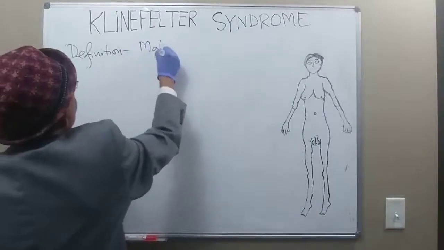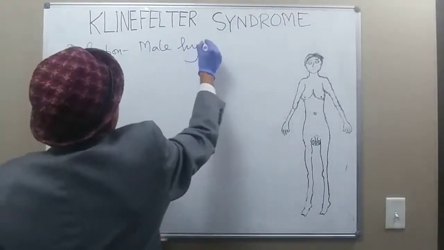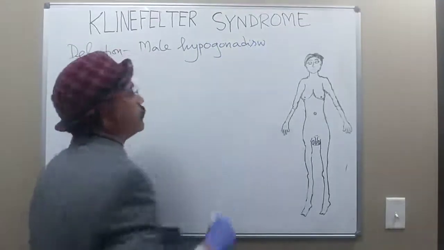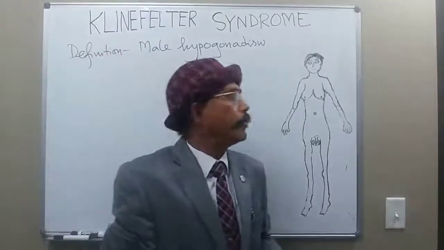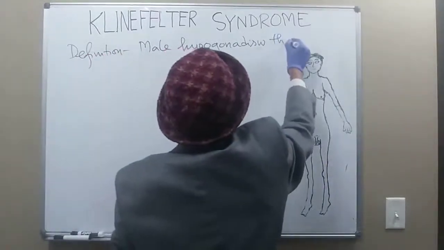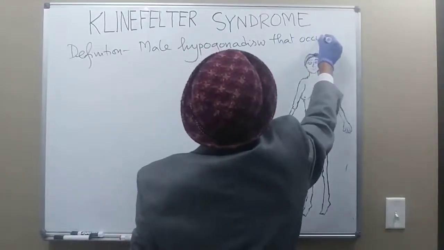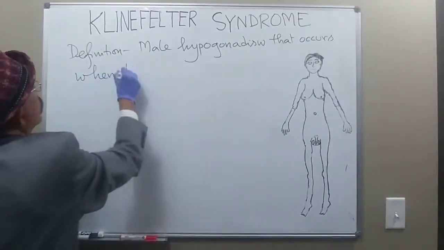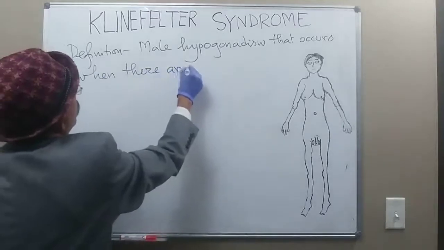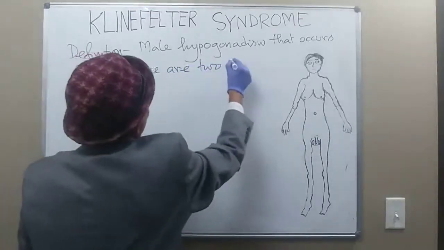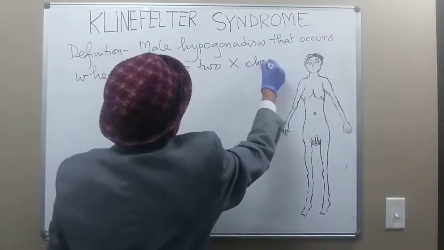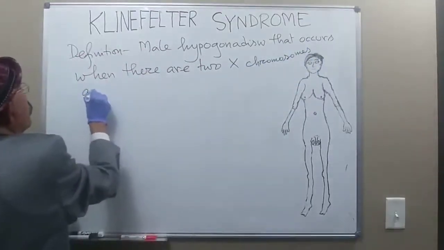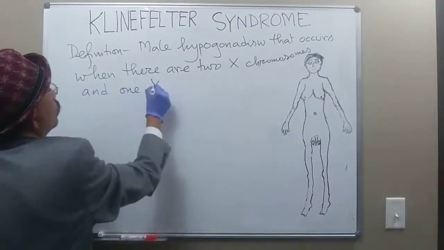This is male hypogonadism that occurs when there are two X chromosomes and one Y chromosome.